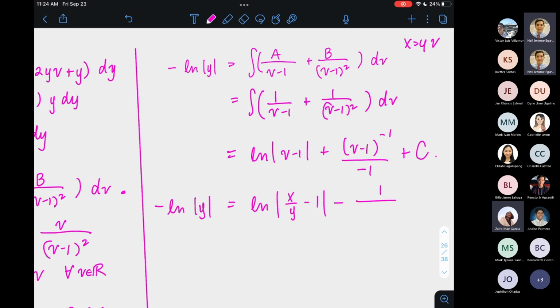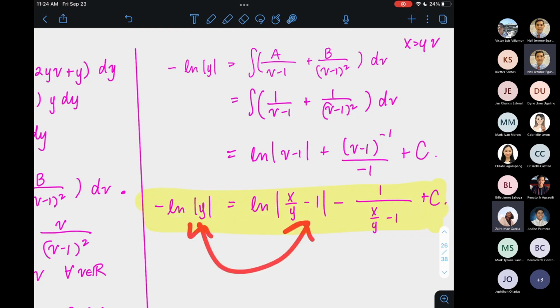Negative ng 1 over x over y minus 1 plus the arbitrary constant. And due to lack of time, I'll stop here, but you can put this together, right, using laws of logarithm.